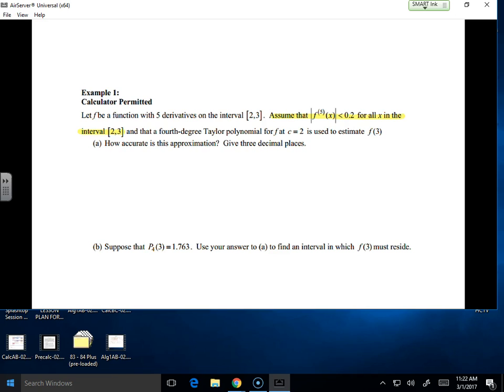And that a fourth degree Taylor polynomial, P4, of f at 2, is used to estimate f of 3. How accurate is this approximation? Give 3 decimal places. Yes, we are using our calculator.